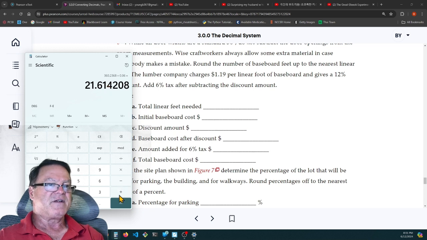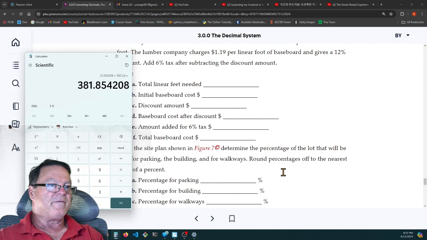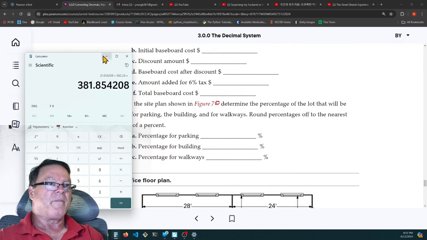That's our tax. And then we can add that to our $360.24. So we get a total of $381.85. That's our bottom line, $381.85. Okay, very good.